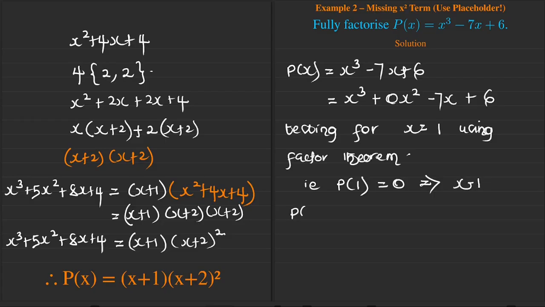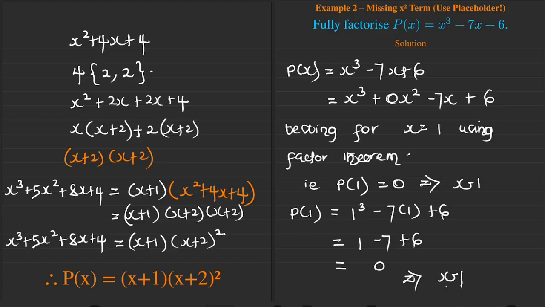So for p of 1, we have 1 cubed minus 7 into bracket 1 plus 6. We can just go with a straight one so that it will be simple. That gives us 1 minus 7 plus 6, and 1 minus 7 plus 6 gives us 0. So this confirms that our x minus 1 is a factor.